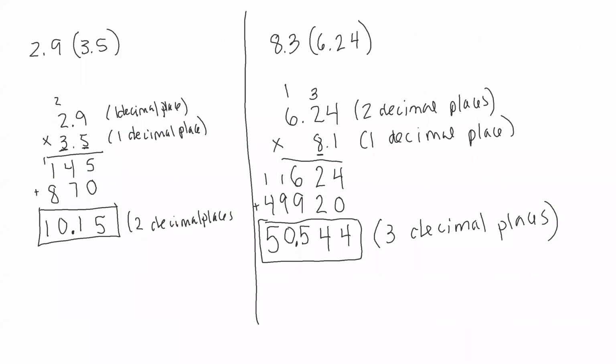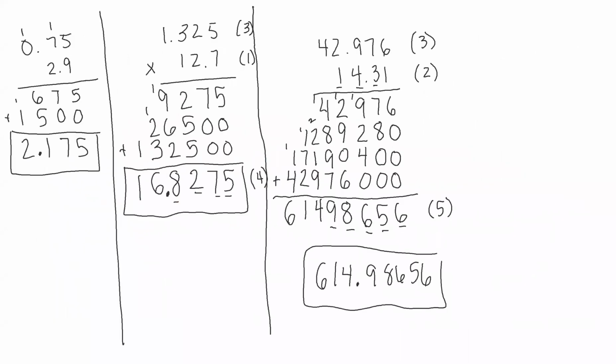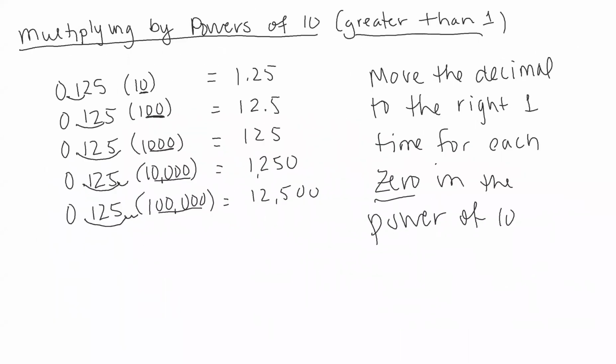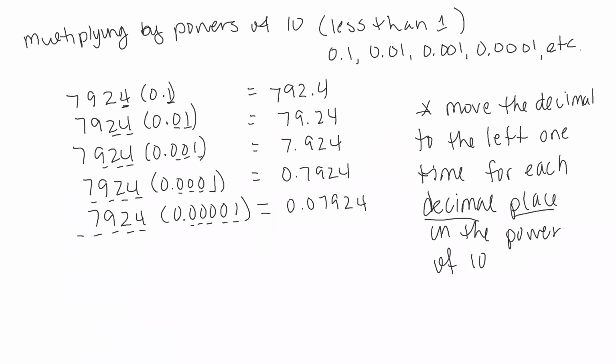So we practiced, we looked at multiplying by powers of 10 greater than 1. You simply move your decimal to the right for each 0 in your power of 10. We practiced, and then we looked at multiplying by powers of 10 less than 1. Little different, you move your decimal to the left, not the right. And you do this 1 time for every decimal place in your power of 10.